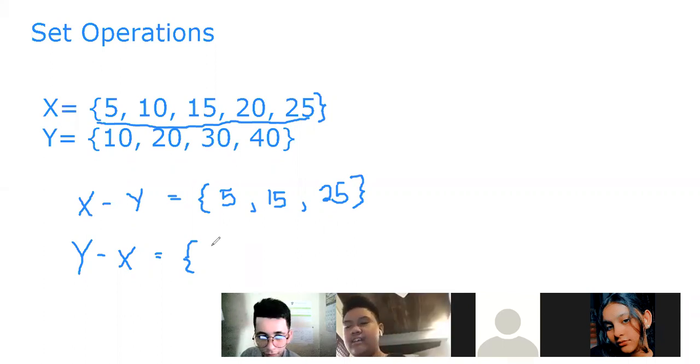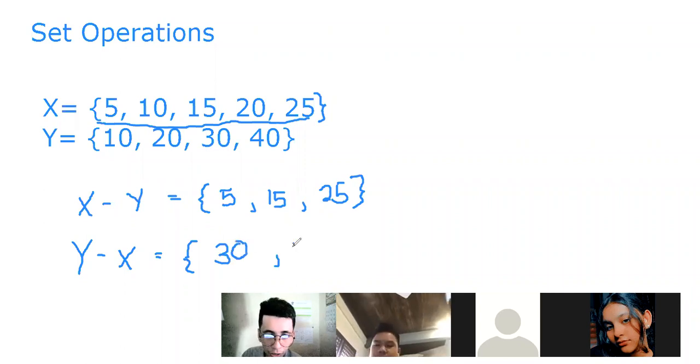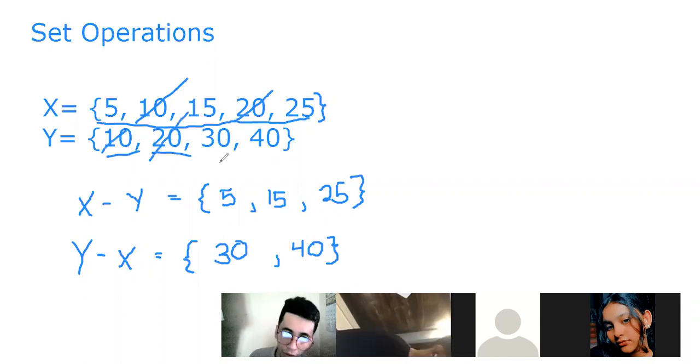Very good. So only 30 and 40. Because 10 and 20 are also the elements of x natin. It also has 10 and 20. So the only ones left are 30 and 40.